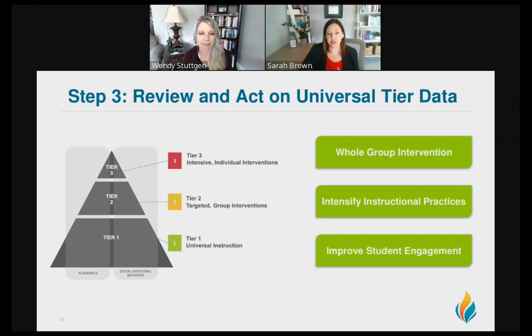So today's session isn't focused on tier 1 intensification, but some ways to consider addressing tier 1 needs include things like whole group intervention, intensifying current instructional practices that you have in place, and improving student engagement in learning. And by implementing tier 1 improvements, we're likely to meet the needs of students through using general education resources.